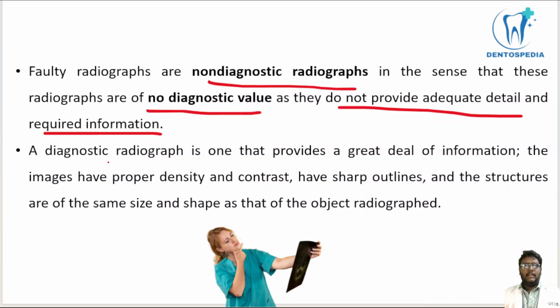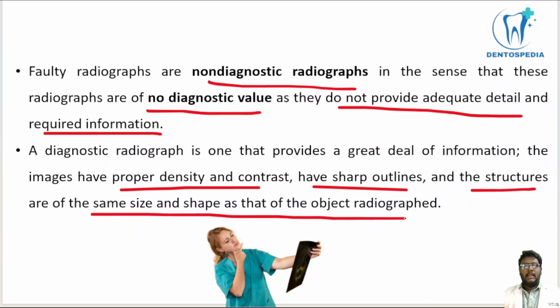And what is the ideal radiograph and what are the qualities of it? An ideal radiograph should have proper density and contrast, it should have proper outlines, and the structures present in the radiograph should be of the same size and shape as that of the object radiographed.